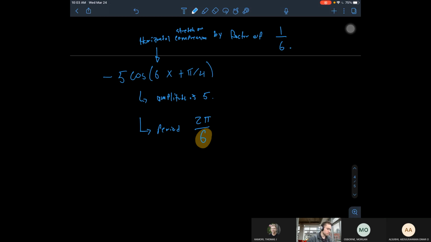So when it's on the outside, it's like you think. It just multiplies by the number that you have. When it's on the inside, you have to multiply by the reciprocal.